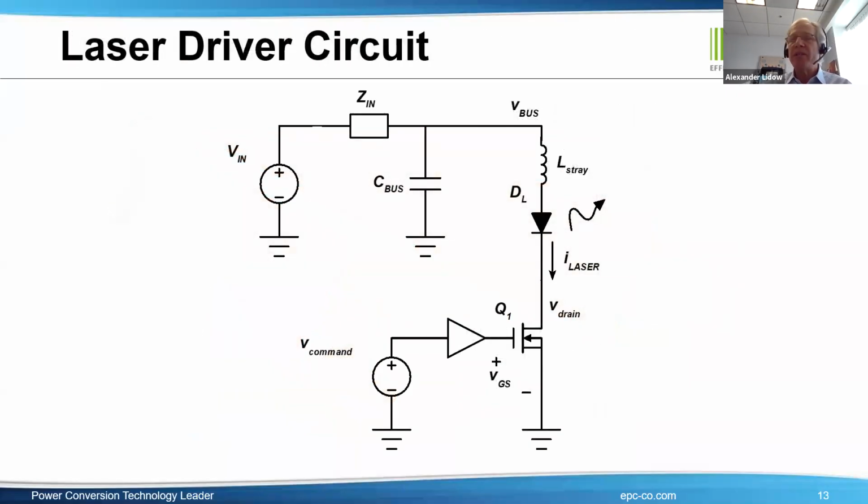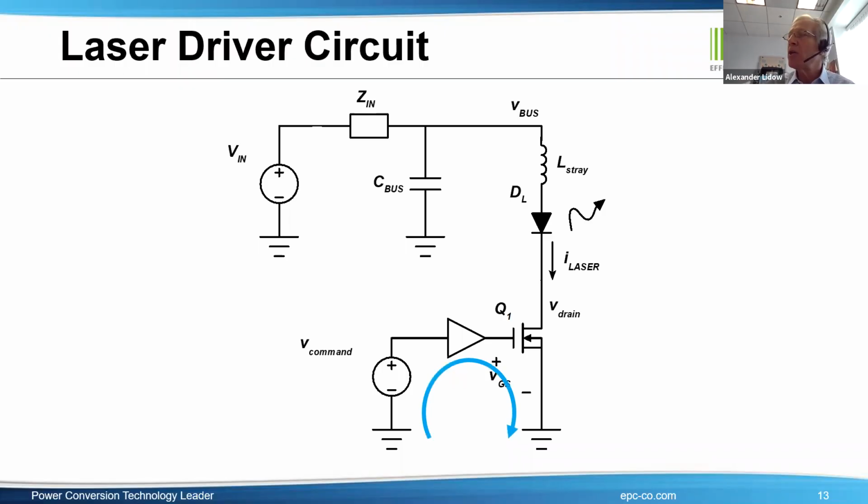So let's look at the basic laser drive circuit. And it's very simple. It's deceptively simple. You have a bus capacitor, C bus. It's charged up by some sort of a voltage source. And then you have a laser, DL, and you have a GaN device. I'll explain why it's GaN, Q1.